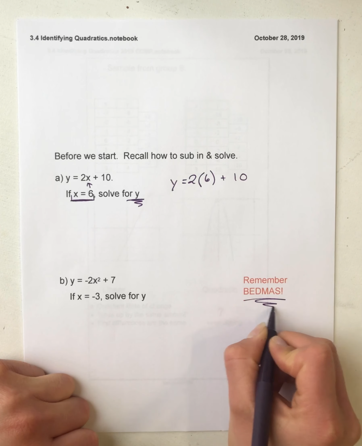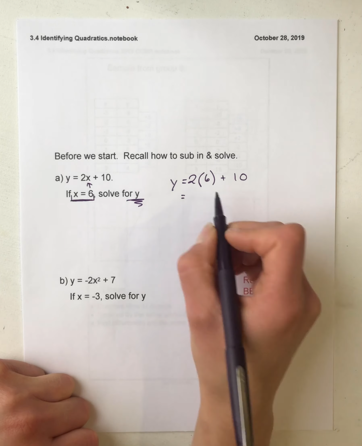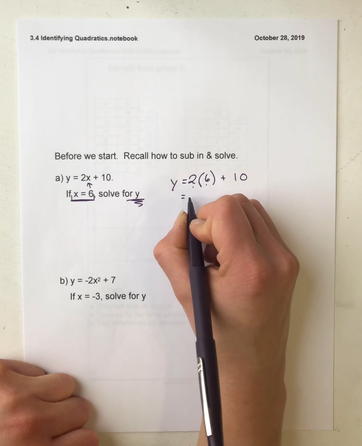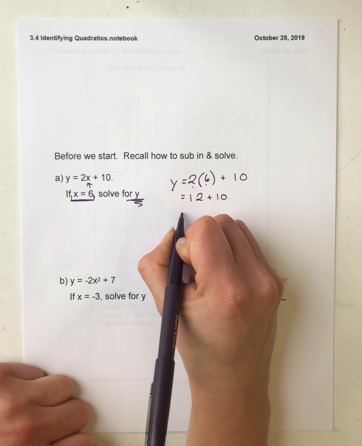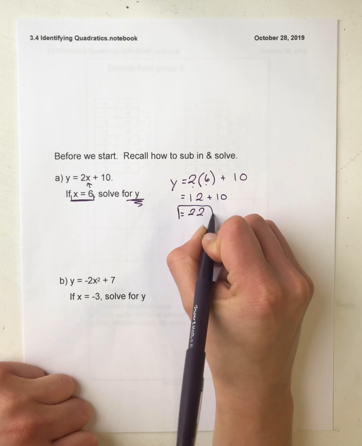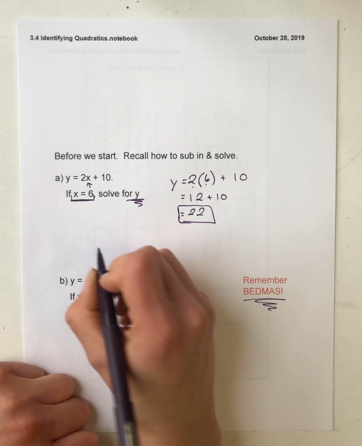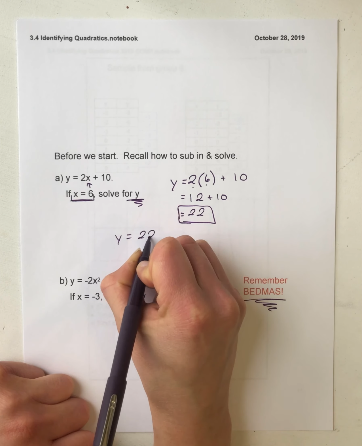And then we have to remember all the time for BEDMAS. So multiplication comes first. So 6 times 2 is 12. And then we do plus 10, which is 22. So when x is 6, y is 22.